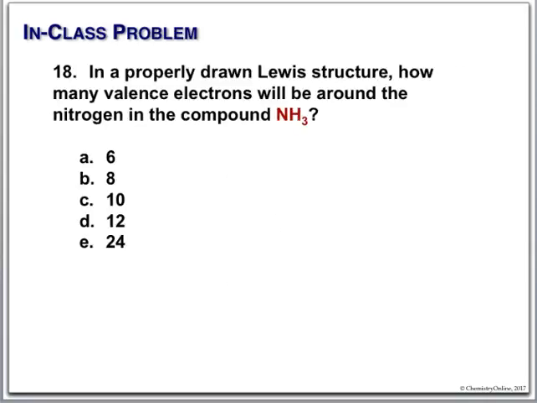Another Lewis question. In a properly drawn Lewis structure, how many electrons are around the nitrogen in NH3? Now we just saw the boron wound up with 6 electrons around it. So we're going to see what happens with nitrogen.